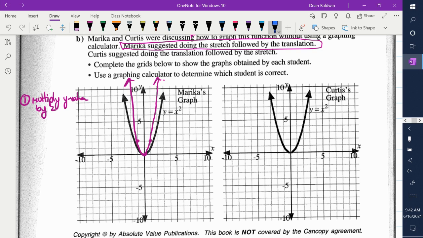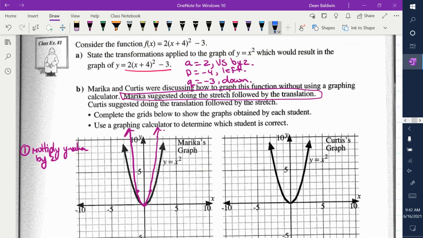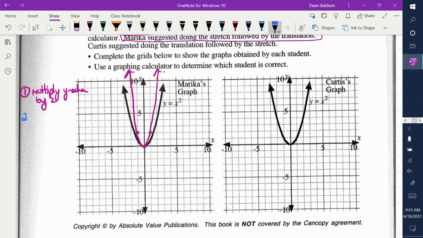Then she does the translations. So what are the movements? We got to go 4 left and 3 down. So our second one is 4 left, 3 down.